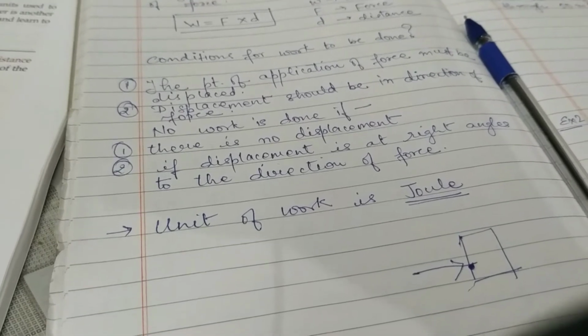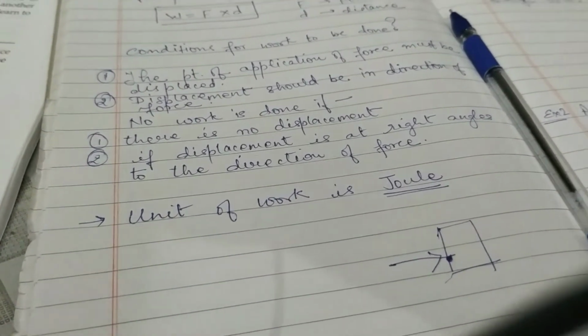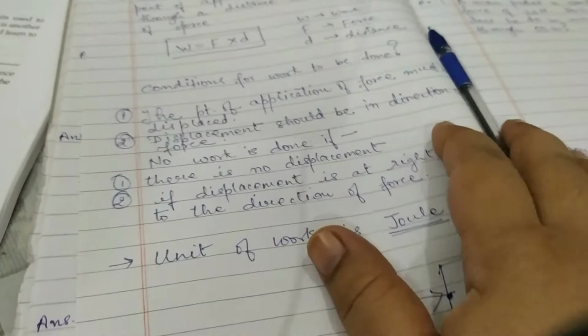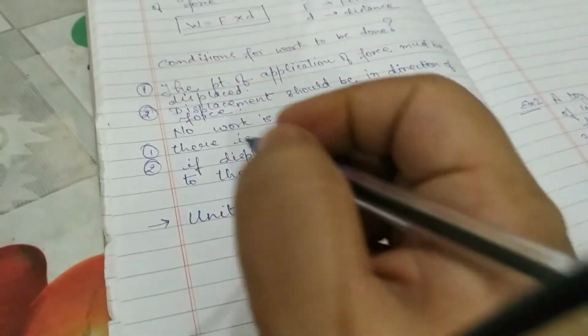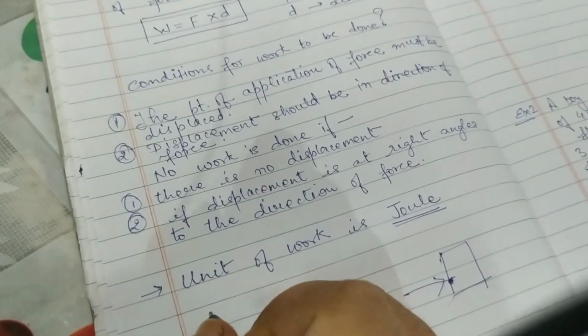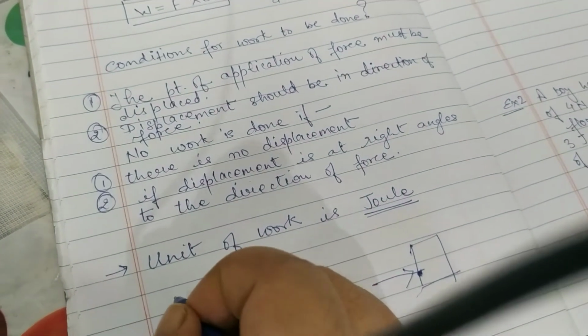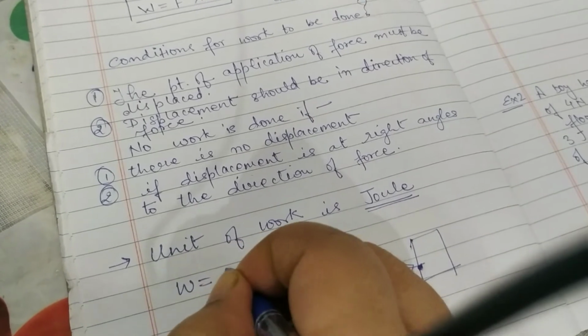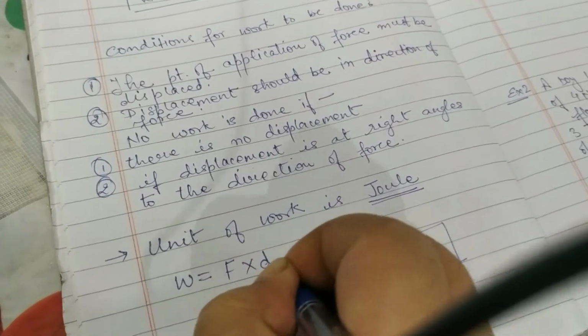And how do you define joule? You already know the formula of work done. So work done is equal to force multiplied by the distance.